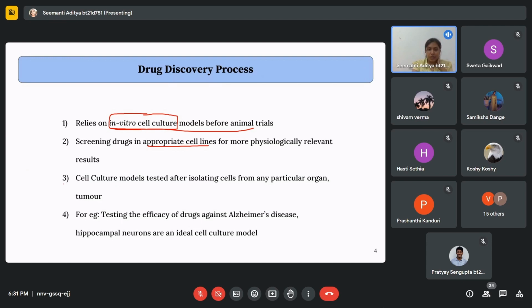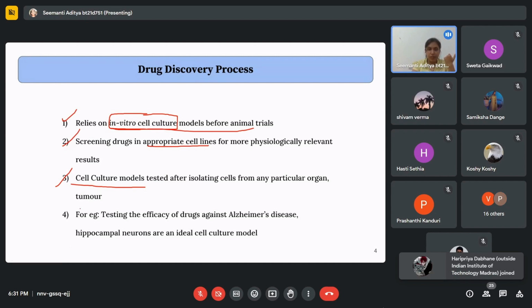Also, the cell culture models are tested after isolating cells from any particular organ or tumor. So, depending upon whether we are working with neurodegenerative diseases, cardiac diseases or cancer, the cell culture models are tested. And also we have to test the efficacy.